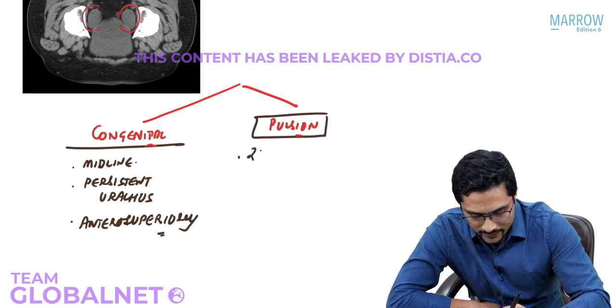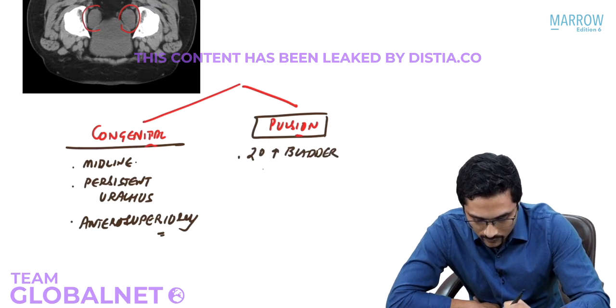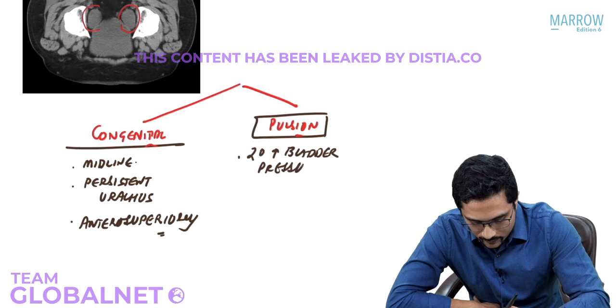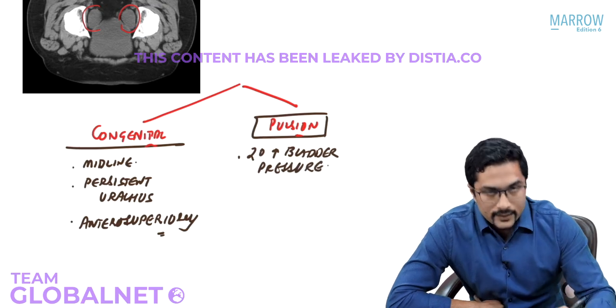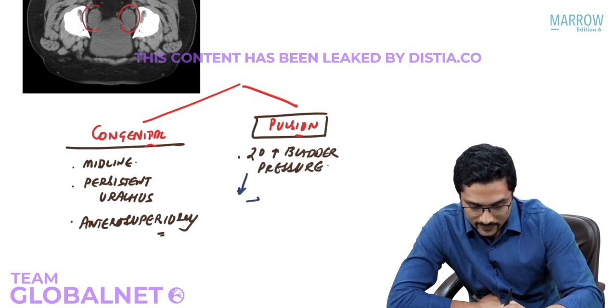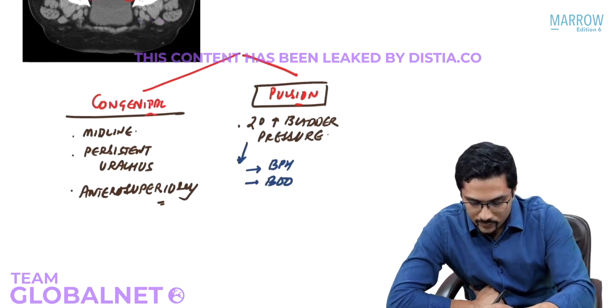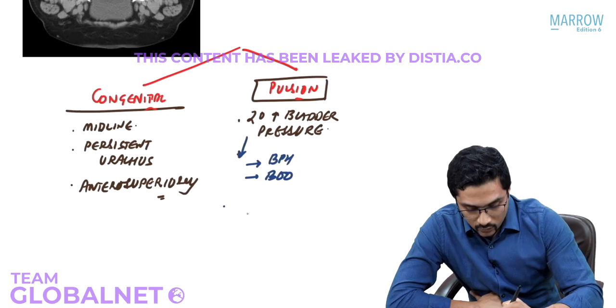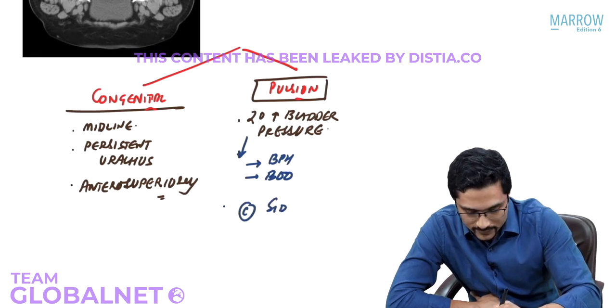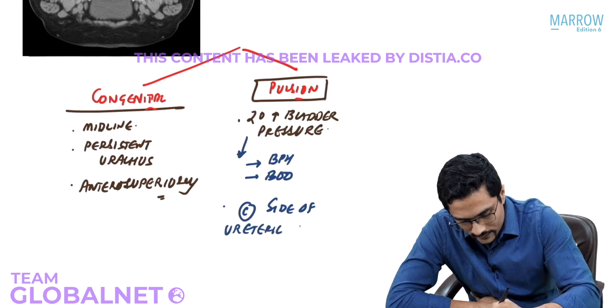Whereas pulsion diverticulae are secondary to increased bladder pressure. This can be seen in patients with benign prostatic hypertrophy or bladder outlet obstruction. Commonly, they are seen on the side of the ureteric orifice.